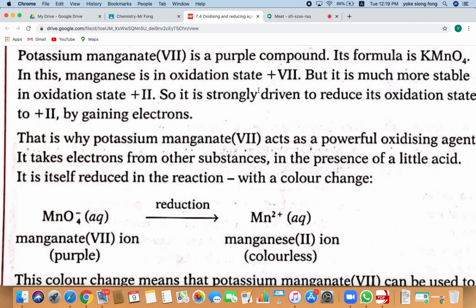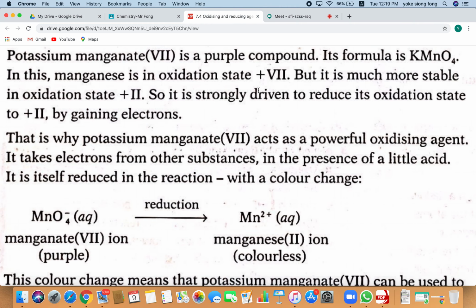Okay, continue. Now in this formula KMnO4, the oxidation state for the manganese, the Mn, is positive 7, is plus 7. But manganese is more stable in the oxidation state plus 2.